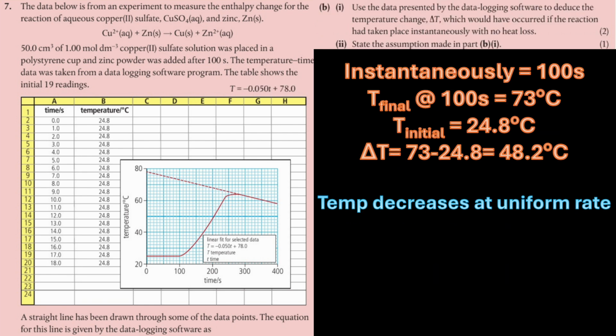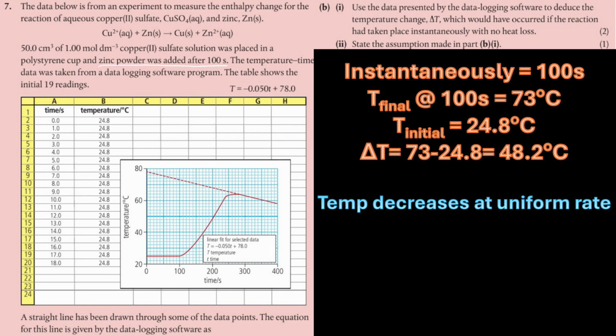B says use the data presented by the data logging software to deduce the temperature change which would have occurred if the reaction had taken place instantaneously with no heat loss. So the reaction occurred when they put in the zinc powder at 100 seconds.